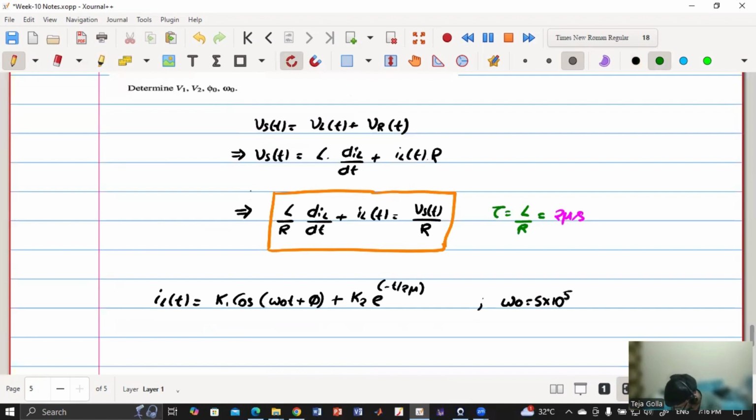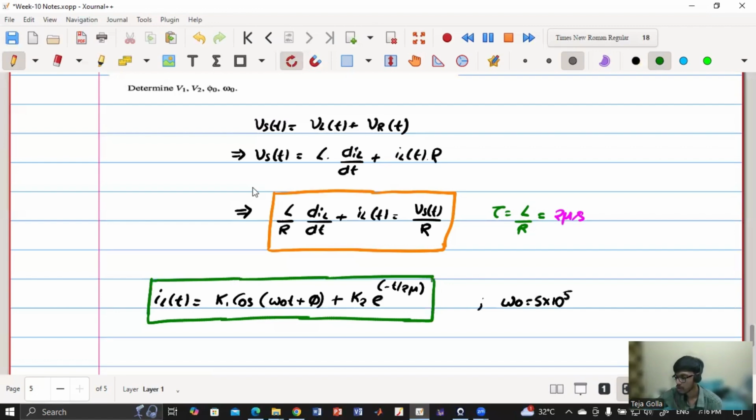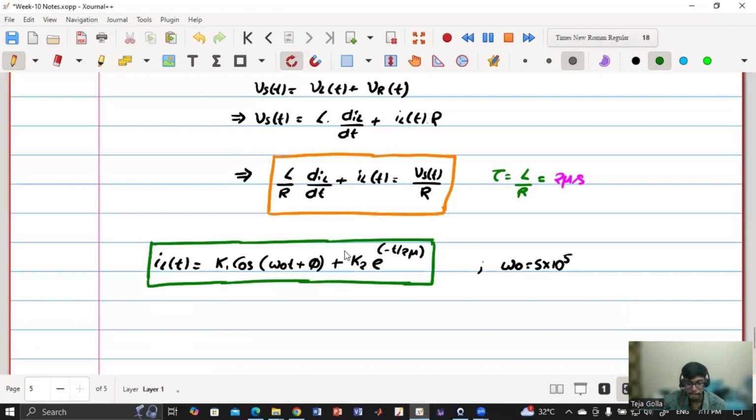Is this clear? The generalized solution of IL of t? Or do you have any doubts? No doubts. Okay.